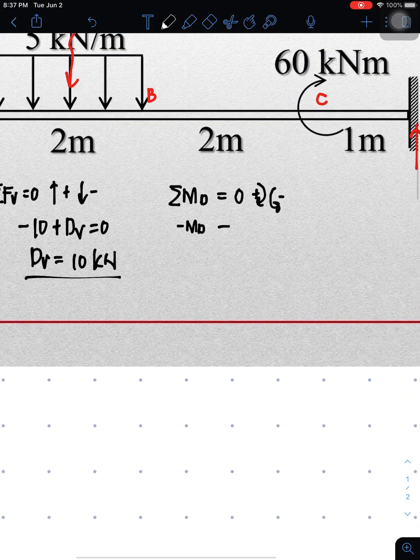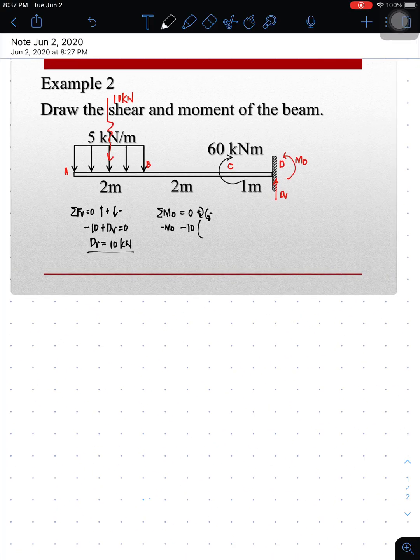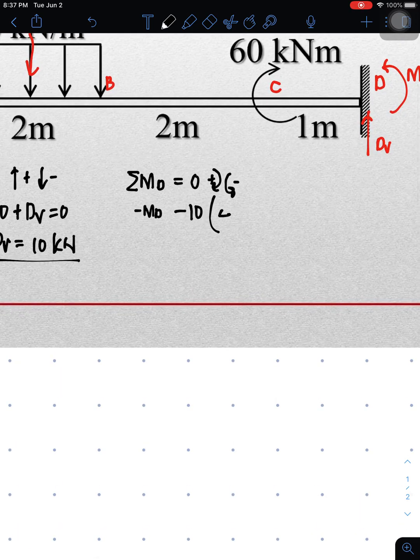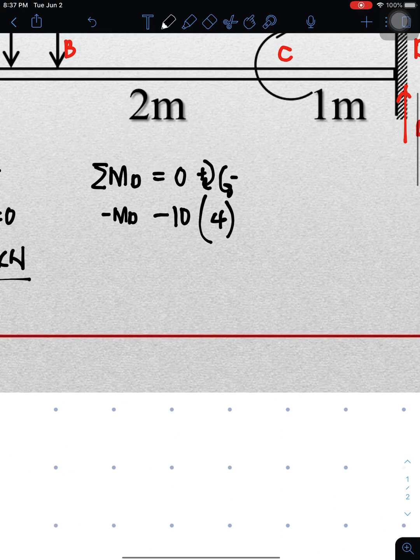So it's negative 10 times the moment arm. It's 1/2 of 2 plus 2 plus 1. So 1/2 of 2 is 1, then plus 2 is 3, then plus 1 is 4. So it's 4. And then the last one here, it's 60 kilonewtons clockwise, so it's positive.